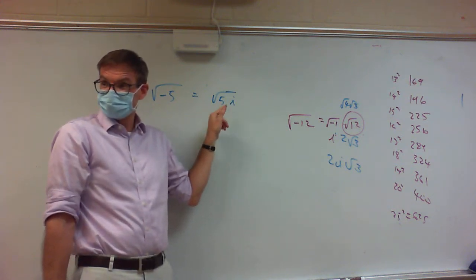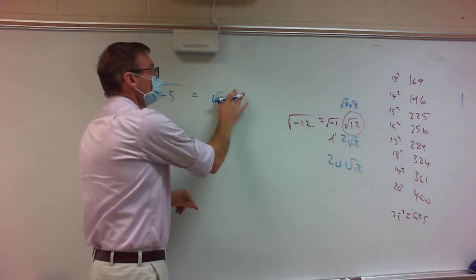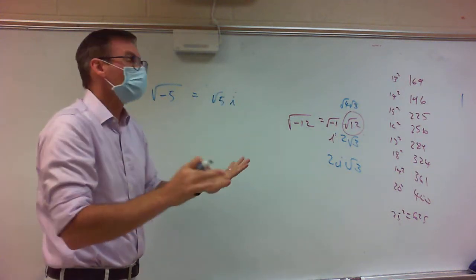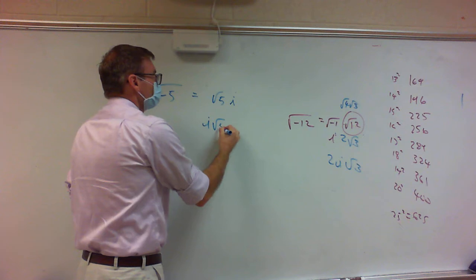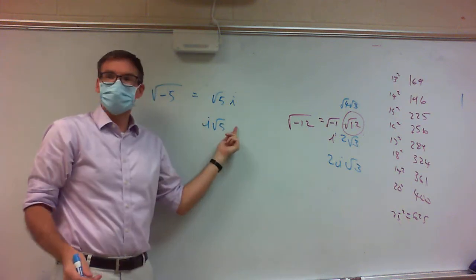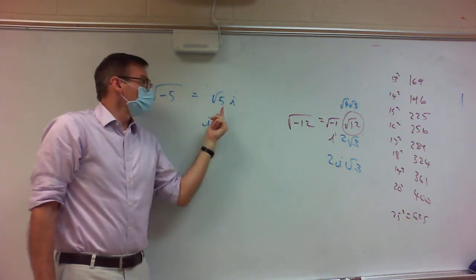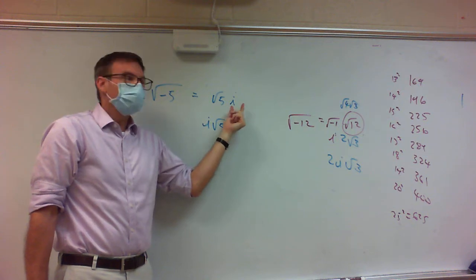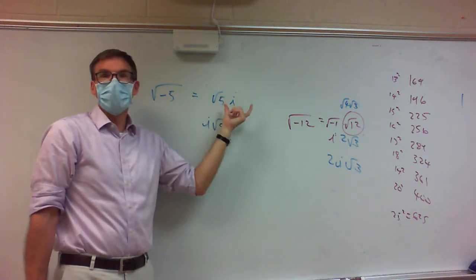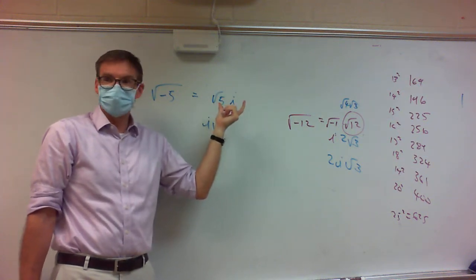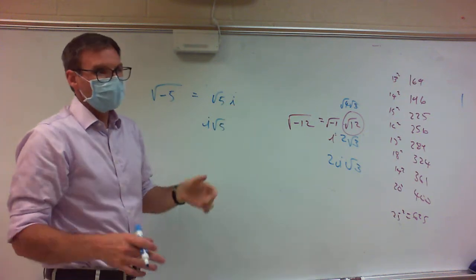Do you see how that's different? So one way to avoid that altogether is you stick the i in front. That way you know the i is not inside the square root. If you stick the i off to this side, there's the potential that you may write it such that the i is still inside the square root, which is bad.